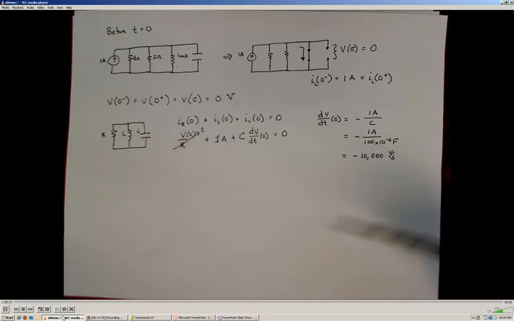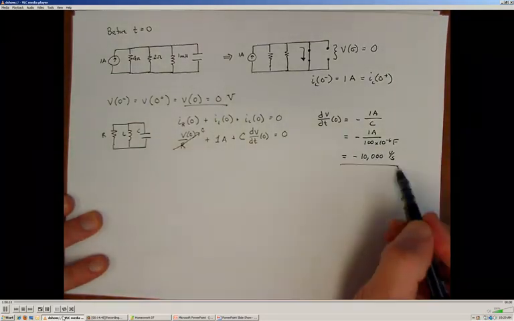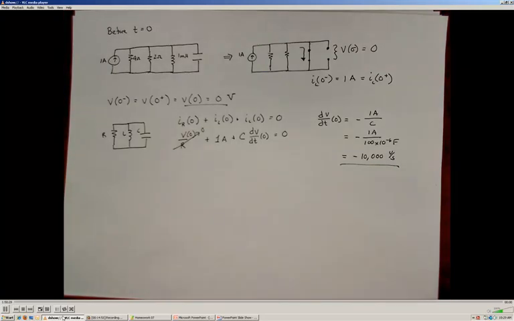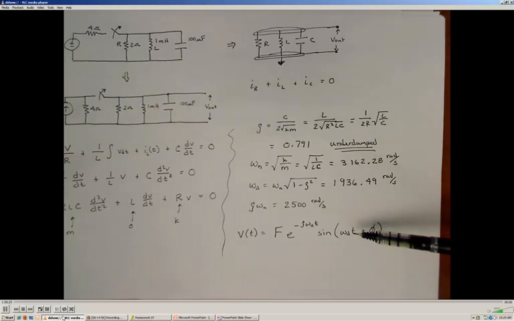Alright, so I have my initial condition, and I have my derivative initial condition. I have the form of the underdamped second order free response case.